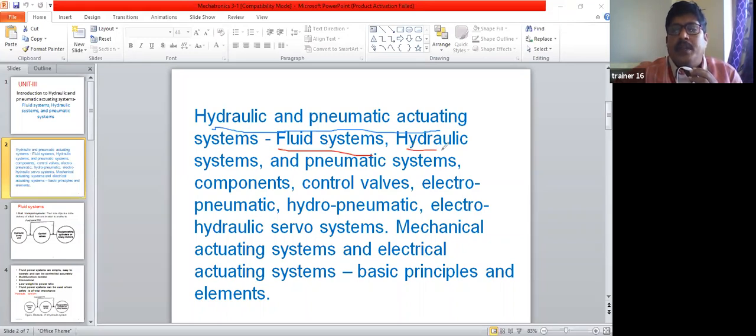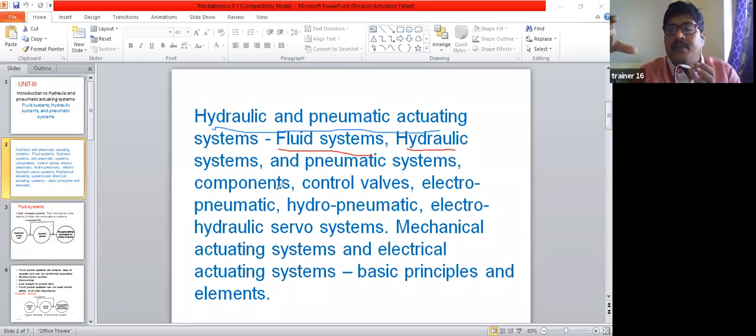Here in hydraulic systems, the medium is liquid. Liquid means, for example, consider oil. Here oil is the energy to impart some motion, that is a linear movement or a rotary movement like that.